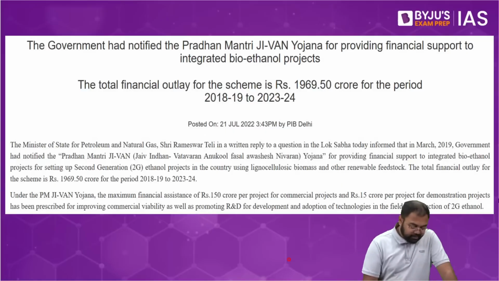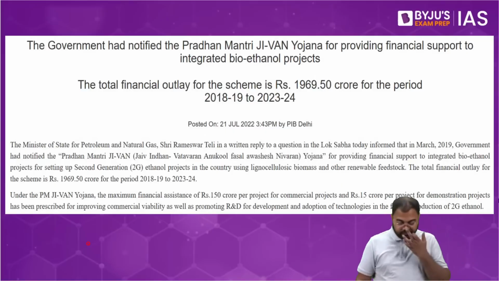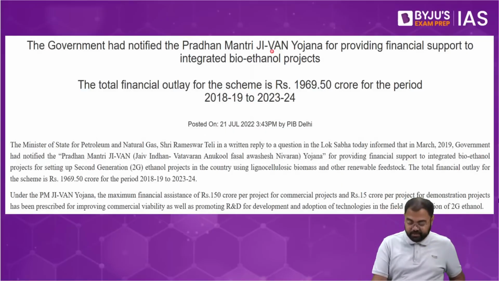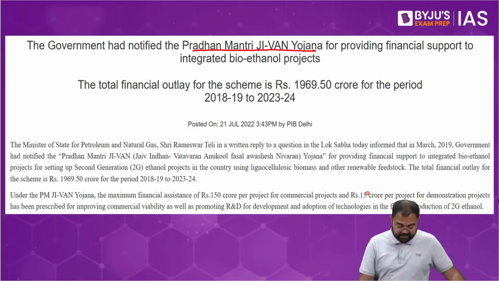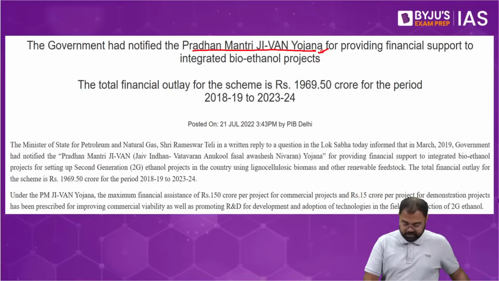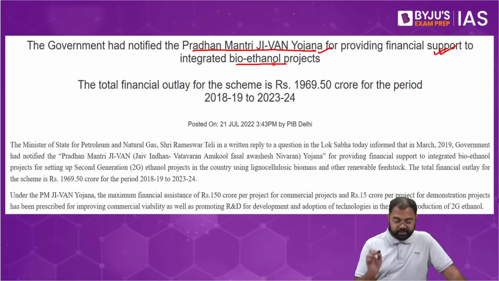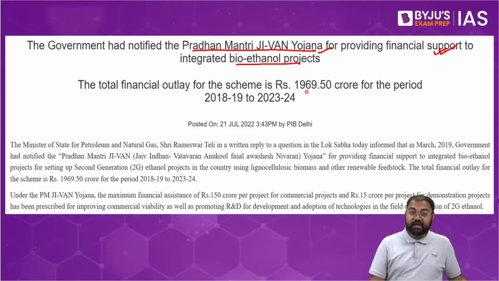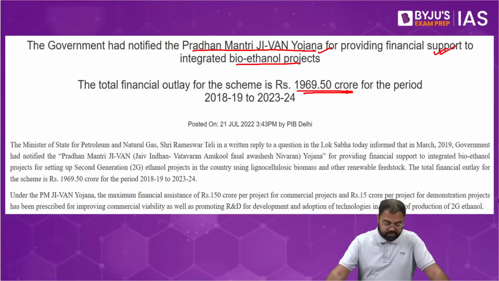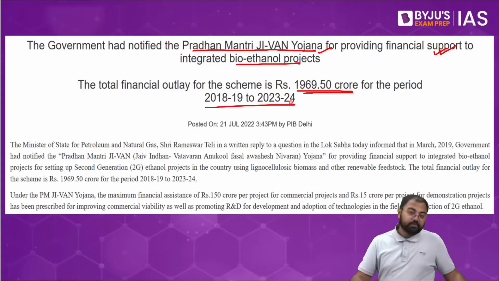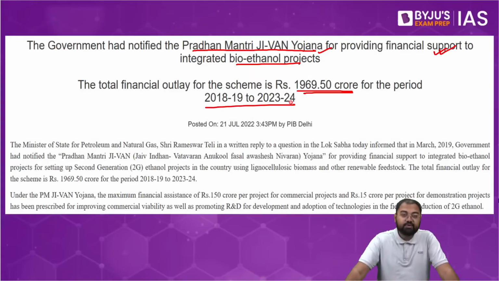Now, there are multiple such schemes that the government is running. For example, one scheme that has often been in the news is the Pradhan Mantri Jeevan Yojana. As a part of this scheme, what we basically see is that this will help in providing financial support to bioethanol projects. The total outlay of the scheme is almost 2000 crores for the entire 5-year plan, between 2018-19 and 2023-24.